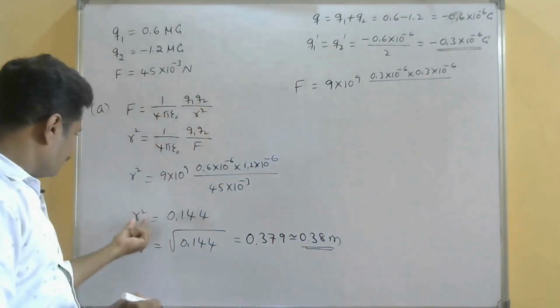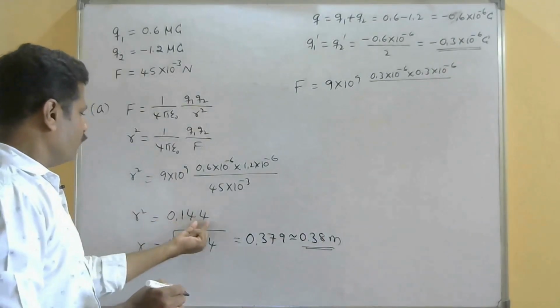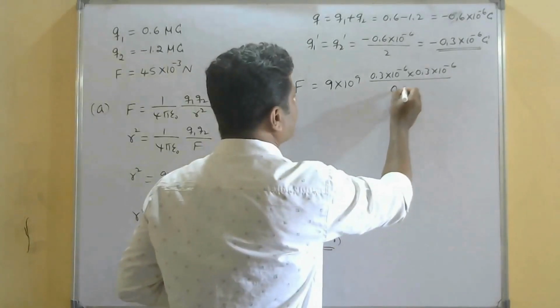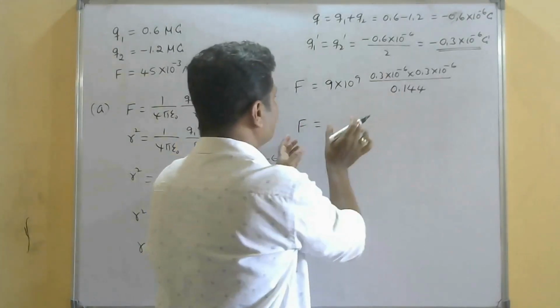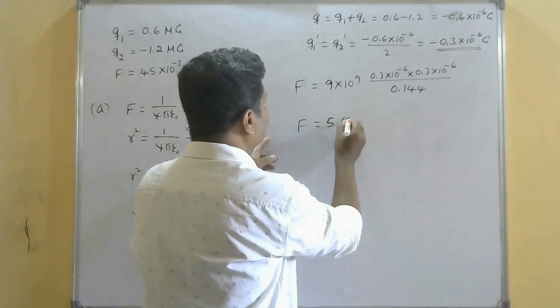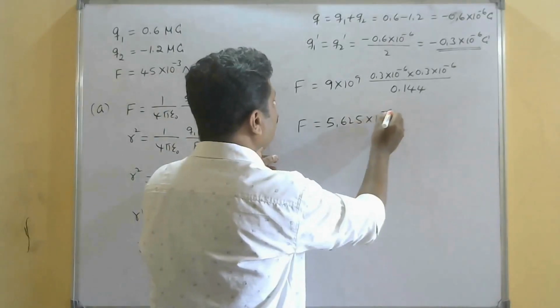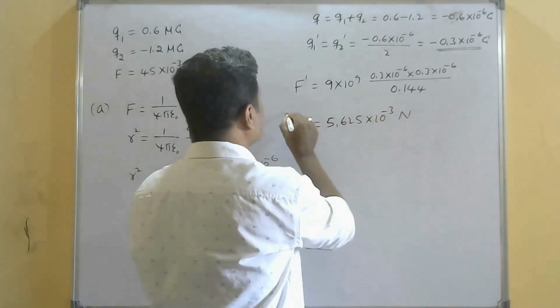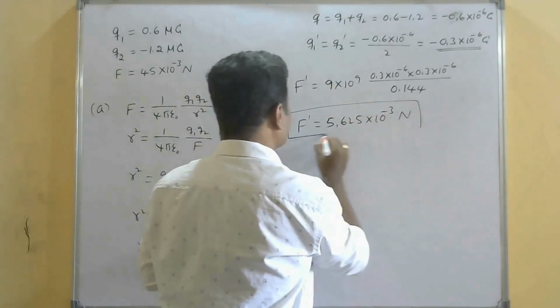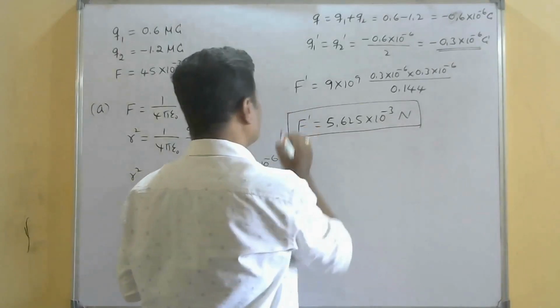Here r square is 0.144. So on simplifying we get F equals 5.625 into 10 raised to minus 3 Newton. This is the force between the two charges when they are brought in contact and placed in their original position.